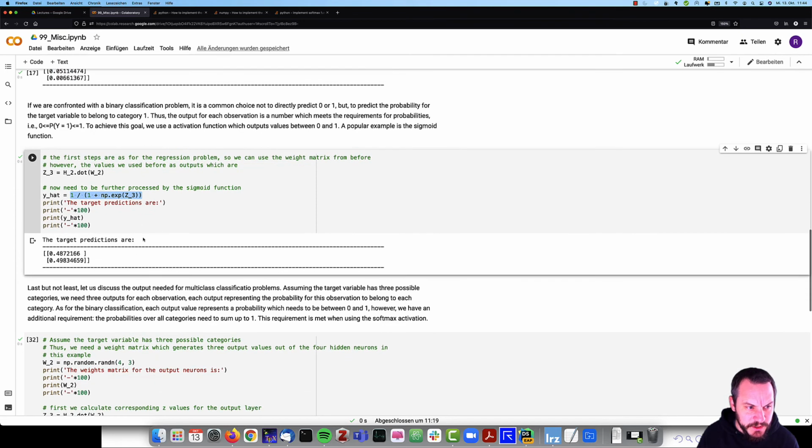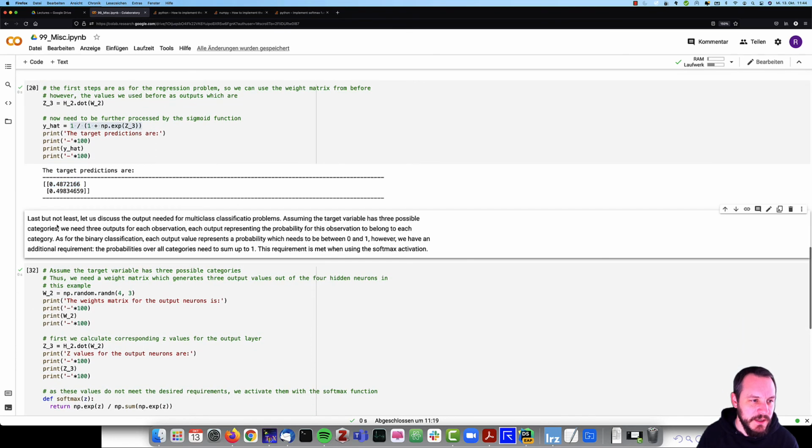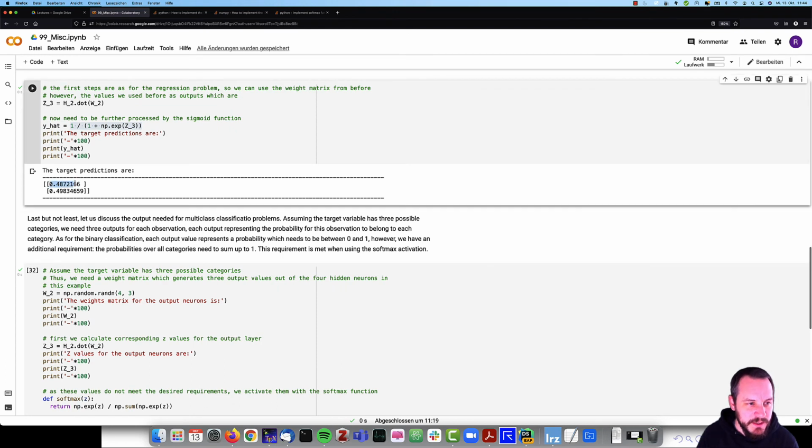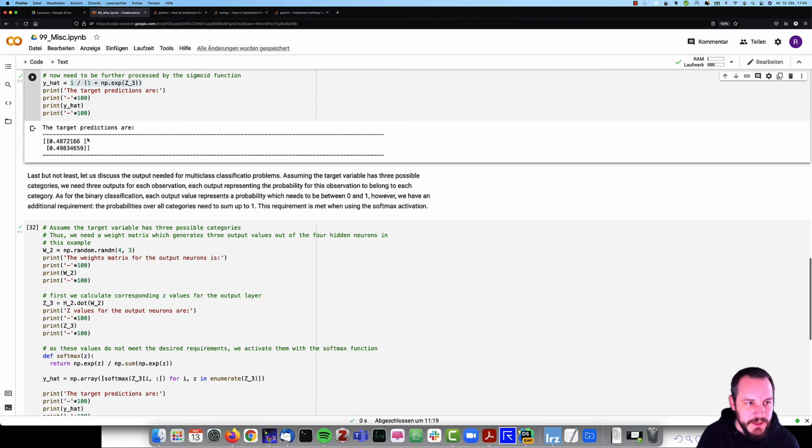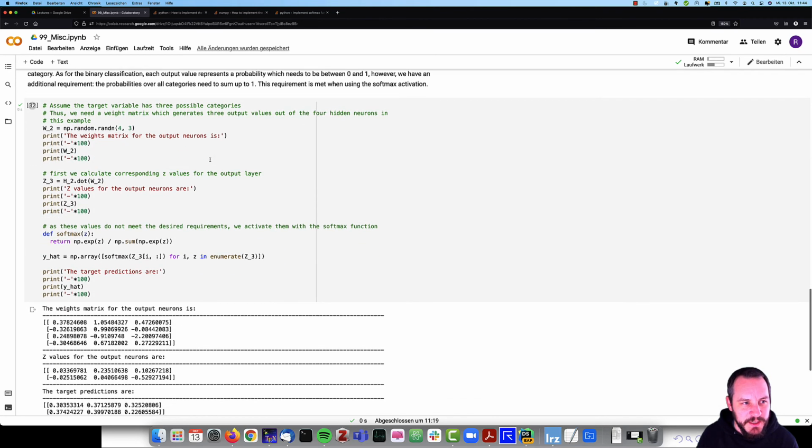And this would generate the probability predictions. For each observation, we have a single probability prediction. And so here, for instance, the probability for observation 1 being category 1 would be approximately 0.49. Okay, and then last but not least, and this is a little bit more complicated, but not that much.